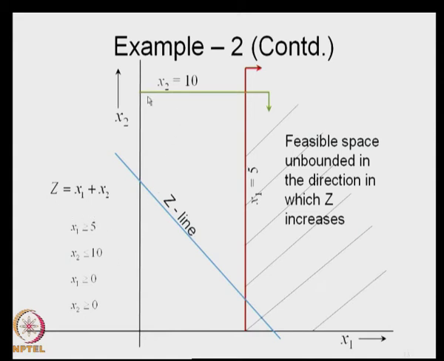You have x2 less than or equal to 10, so it is bounded here, but x1 is greater than or equal to 5. So, the region to the right of the line x1 equal to 5 is all feasible, and x2 is less than or equal to 10, so the region lower than this line is all feasible. The feasible region is as shown.